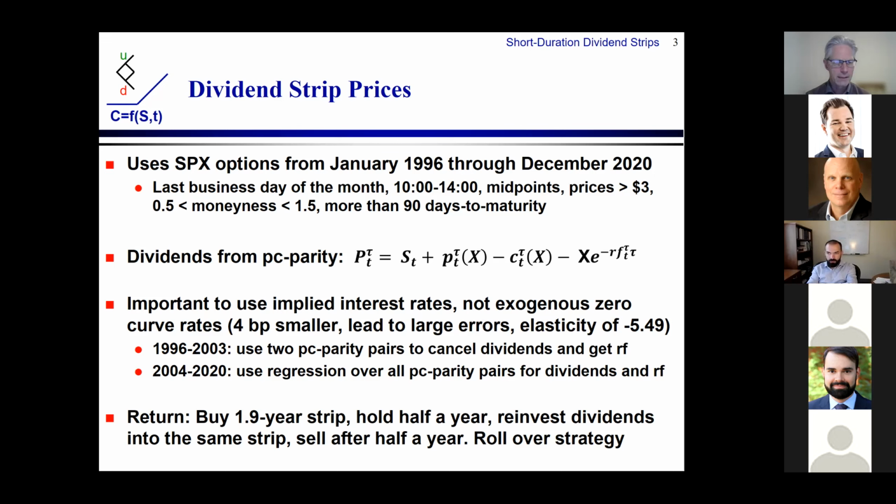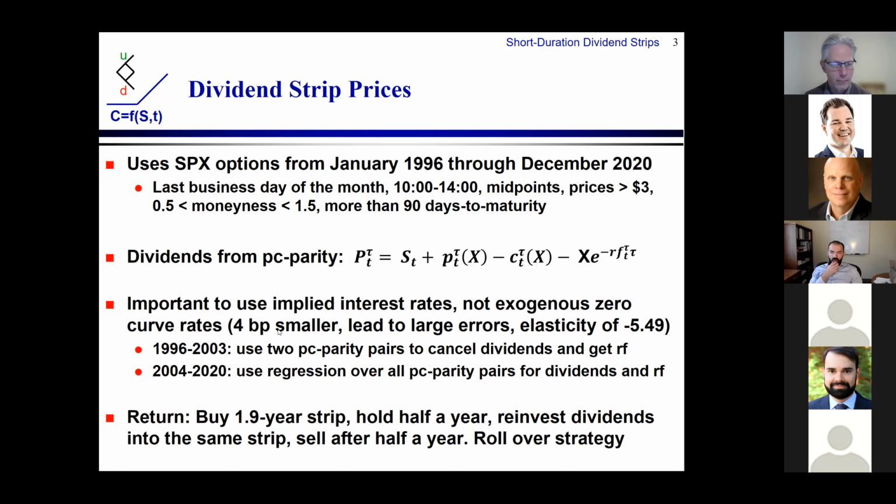So even if you only have a small interest rate error, it magnifies by this factor of minus 5.5 into a sizable return downward. If this is smaller and you multiply it by a negative number, then that actually inflates the return. Okay? So the dividend strip returns are inflated if you're using an interest rate that is too high, and if the true interest rate is actually lower.